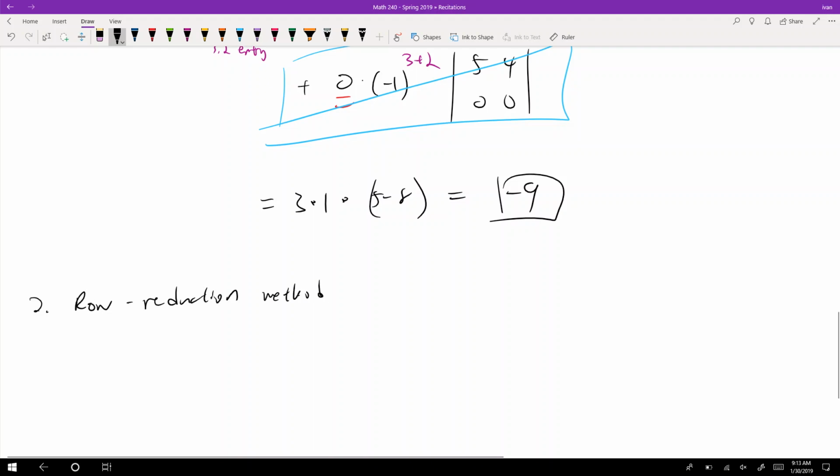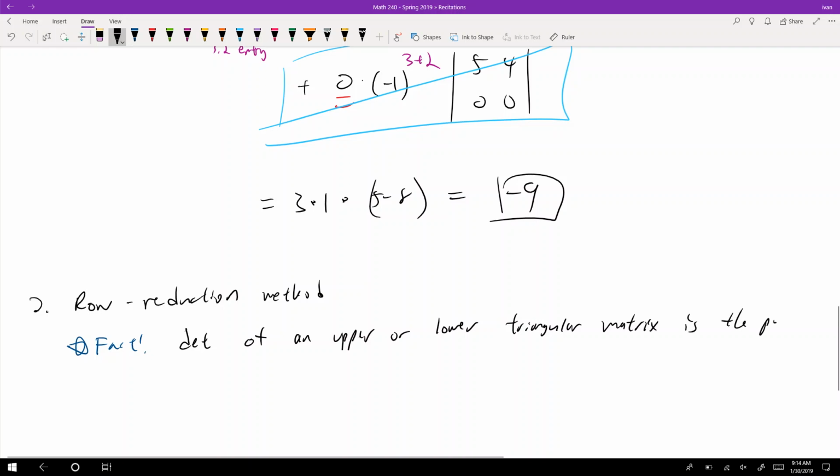Okay, and the row reduction method uses the following fact: the determinant of an upper or lower triangular matrix is the product of the diagonal entries.